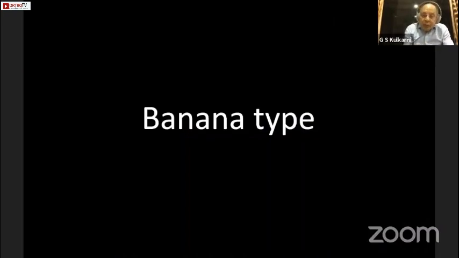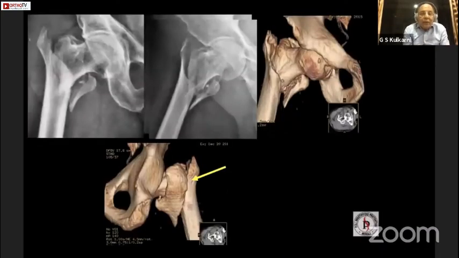Now the banana type. Banana type is one in which you will see that the fragment has a posterior greater tuberosity, posterior wall, and a lesser trochanter. All these three are involved.